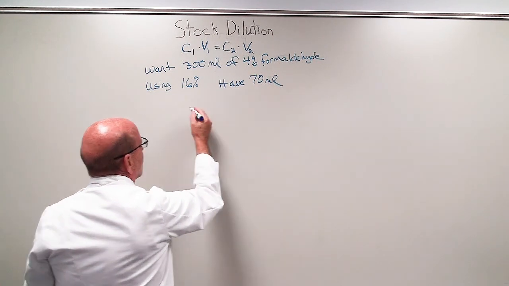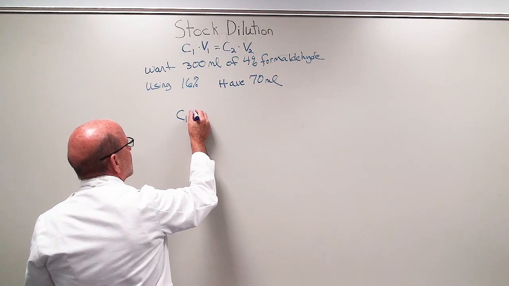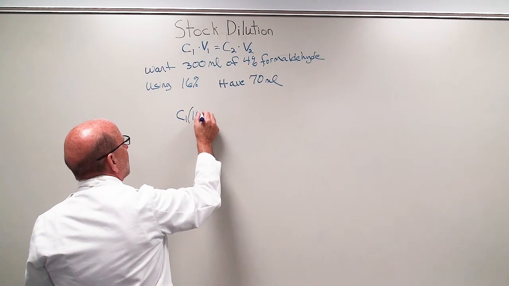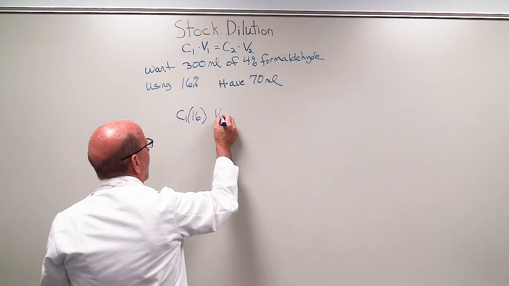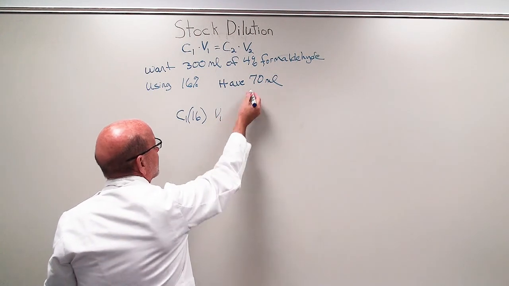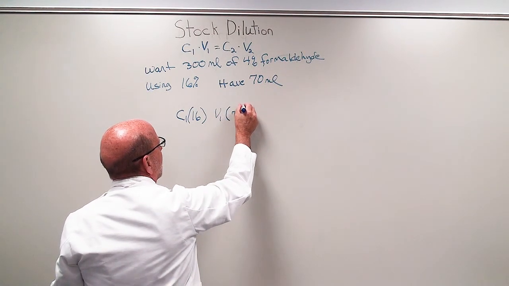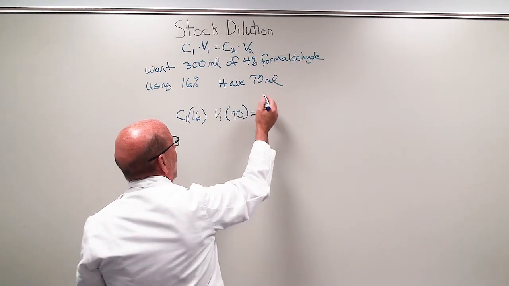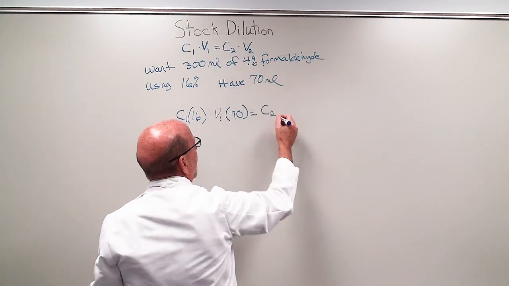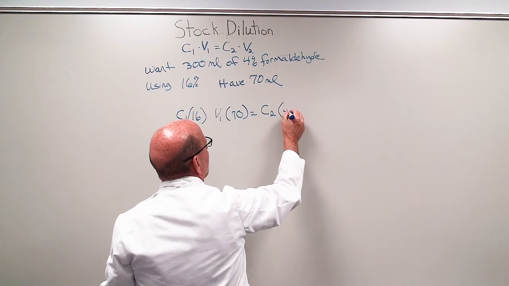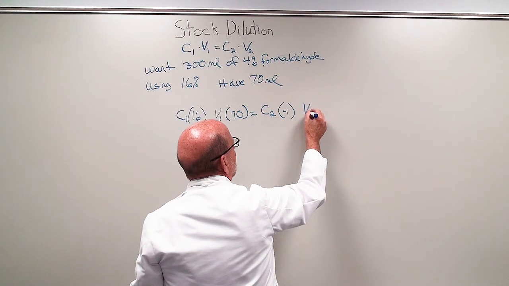And so now I'm going to solve the same equation, only now I'm going to solve it for V2. Our C1 is 16%. Our V1 is going to be the 70 mLs. Before we didn't know the V1, but now we do, because that's all we have, and we're going to use all of that. And we still have desired 4% for our concentration of 2, and now we're going to solve for V2.